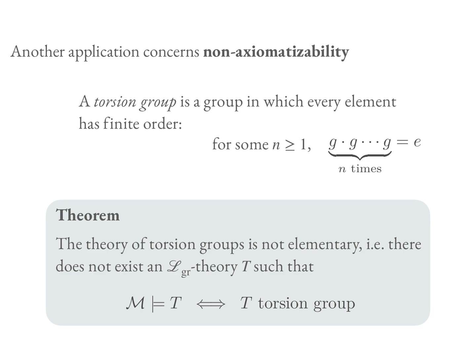So the question is, can we actually write down an axiom system for the torsion groups? Well, it's maybe a little bit surprising, but as a consequence of the compactness theorem, we can show that the theory of torsion groups is not elementary. Not elementary means there does not exist a theory T over the language of groups such that M is a model of T if and only if M is a torsion group. So the models of that theory would be precisely the torsion groups.